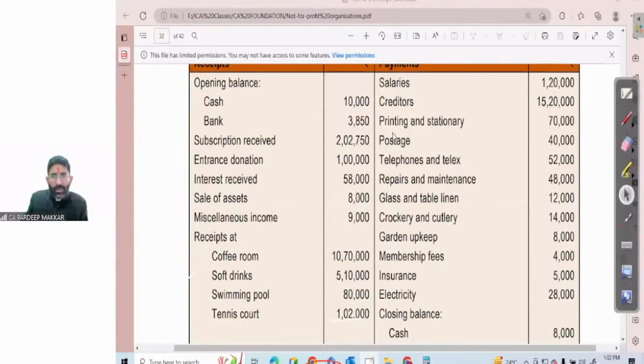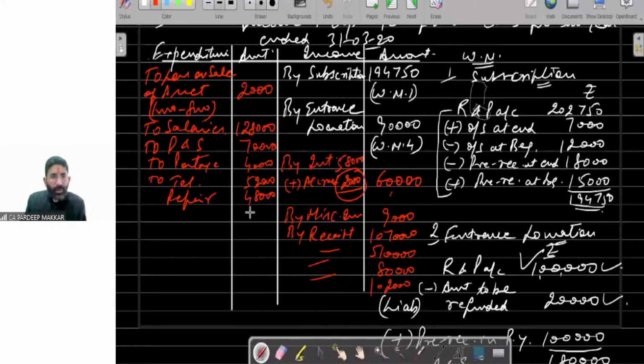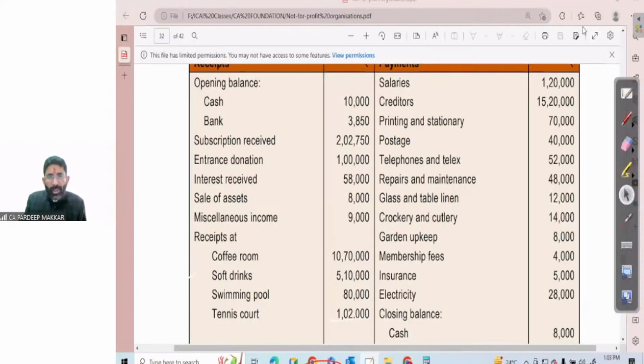Quickly, fast. Glass and table linen, crockery and cutlery. These are the payments made during the year, 12,000 and 14,000 to be entered here. We have already discussed these will be assumed as an expense. Garden upkeep, this is also an expense, 8,000.